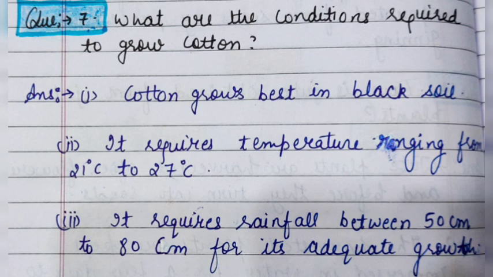The second requirement is a temperature ranging from 21 degrees Celsius to 27 degrees Celsius because it grows best in warm weather. And the third point is it requires rainfall between 50 centimeters and 80 centimeters for its proper growth. The rainfall is very important.